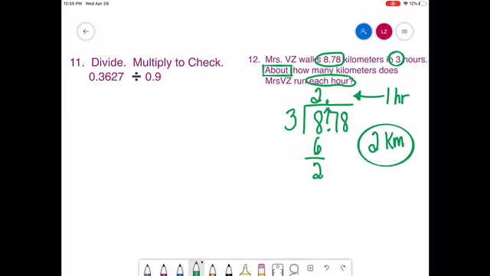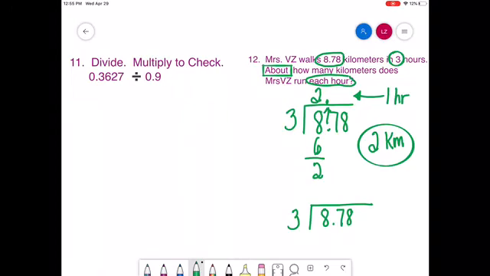If you did this using compatible numbers, which honestly is my preferred method because I feel like it gets a little bit closer to the actual, but you can do it either way. Either way will be right. So let's look at this. 3, we're going to leave that alone, right? We're going to leave that at 3. And look at, we've got 8.78, which is really close to 9.